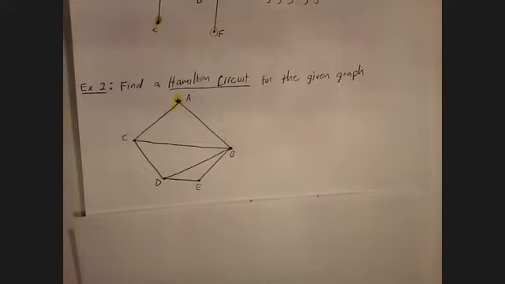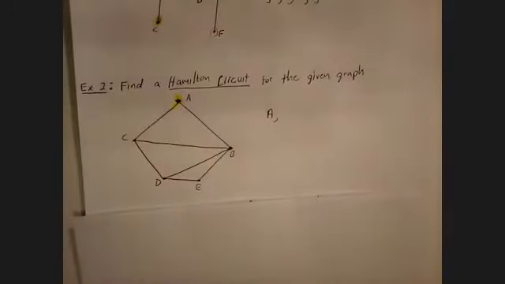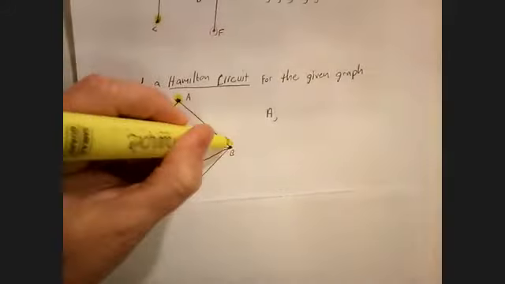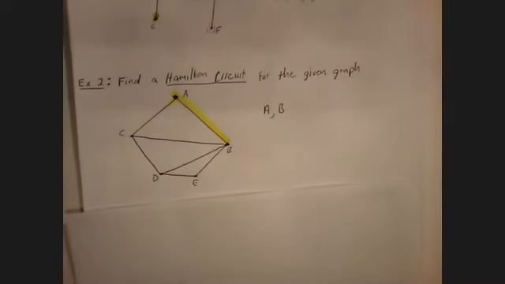So let's start with A. I have to come back to A if it's a circuit. All right, I'm going to trace this one, I think. Again, there are multiple, but I'll go to B next.